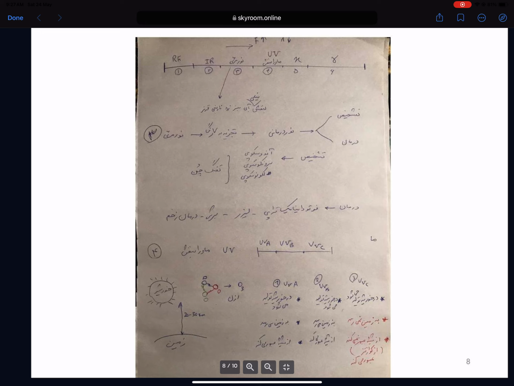So this was the definition of the third region, which we call visible light. And the fourth region, as I told you, is called ultraviolet, and it's divided into three categories: UVA, UVB, and UVC.